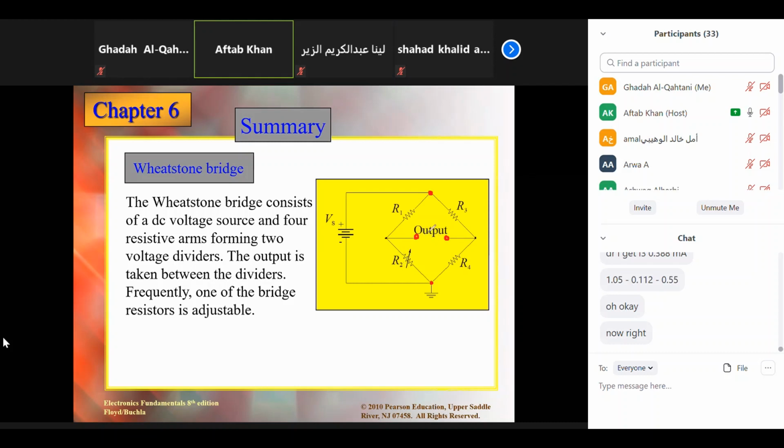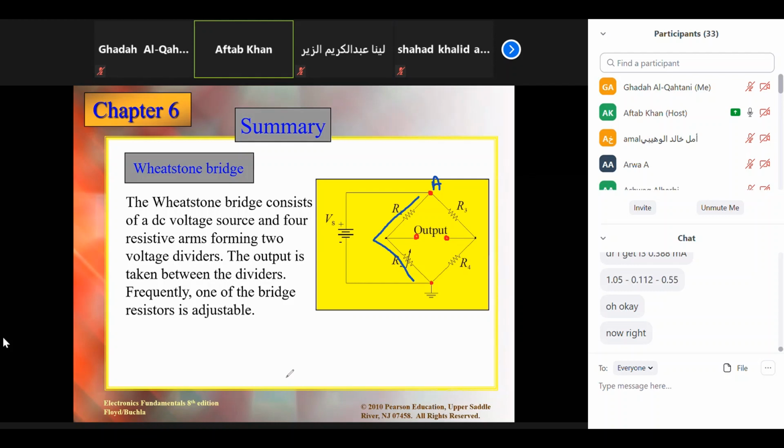The Wheatstone bridge consists of a DC voltage source, which is here, and 4 resistive arms forming 2 voltage dividers. What are the 2 voltage dividers? See quickly here. One is this one, R1 and R2; let's suppose I give this point the name A, and the other end is ground.